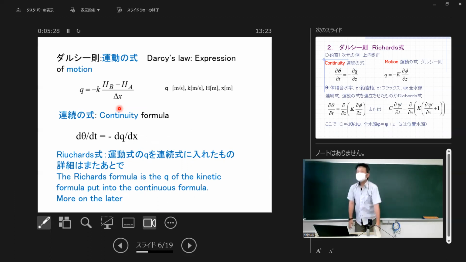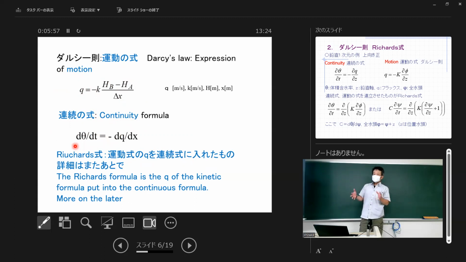expression of motion. 運動の式って言われてて、ダルシー則と言われてます。だから運動、キネティックムーブメント、まあ、モーションのことを示すのがダルシー則。で、もう一個、連続の式っていうのがあって、連続の式っていうのがこんな形。This is called the continuity formula, and this governs the water continuity.